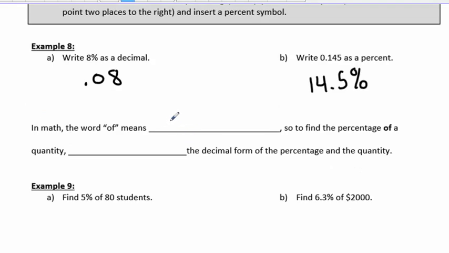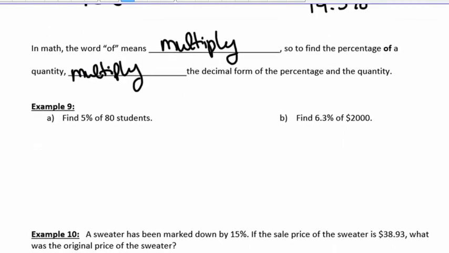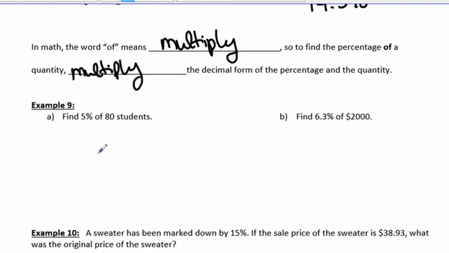In math, the word of means, we saw this in the previous section, means multiply. So to find a percentage of a quantity, we're going to, again, multiply the decimal form of the percent and the quantity. Find 5% of 80 students. 5% with the decimal 0.05 times 80 students will give us 4 students.